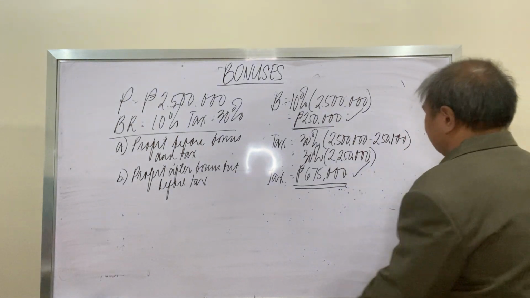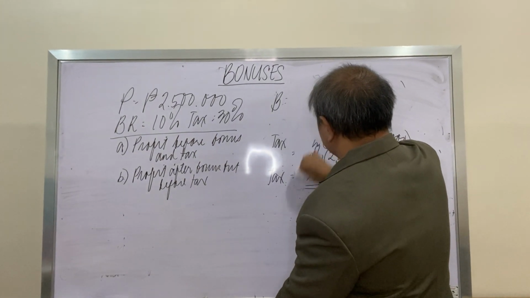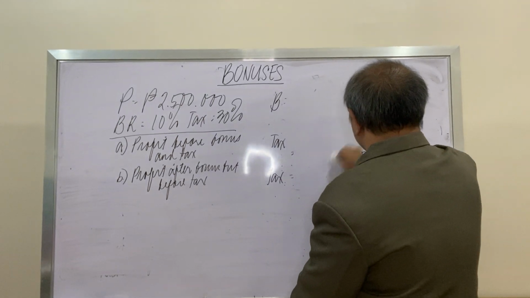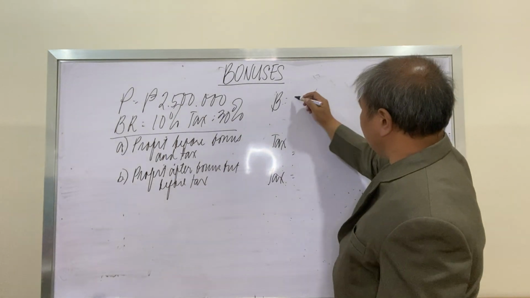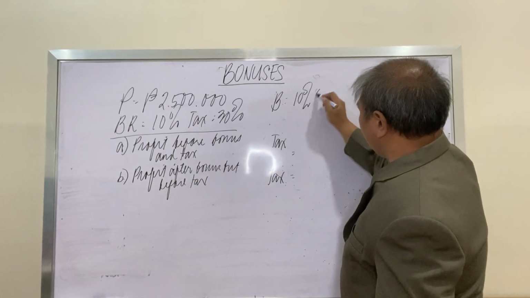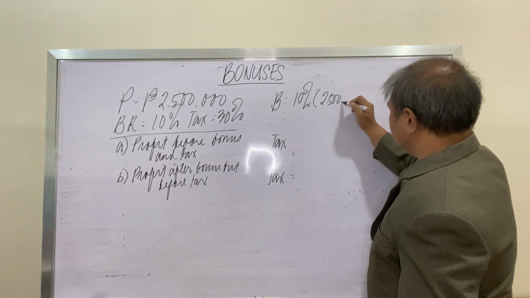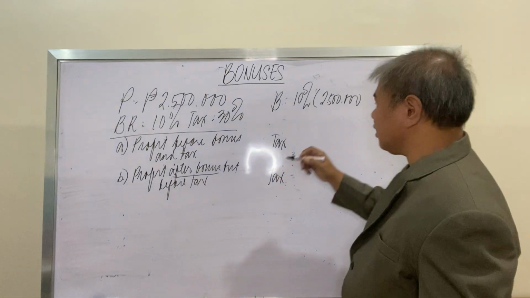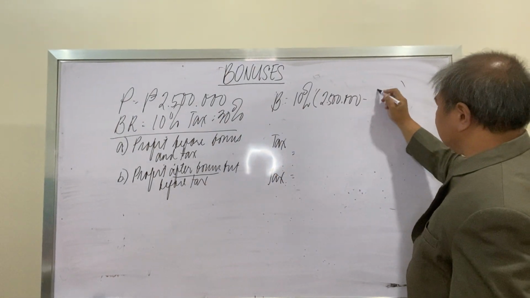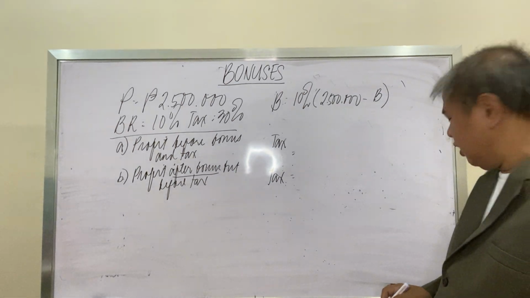What will our equation look like if that is the assumption now? So the bonus is 10% of the profit, which is 2.5 million. Since it says here after the bonus, we have to deduct the bonus, less B. So that will be our equation for the bonus.